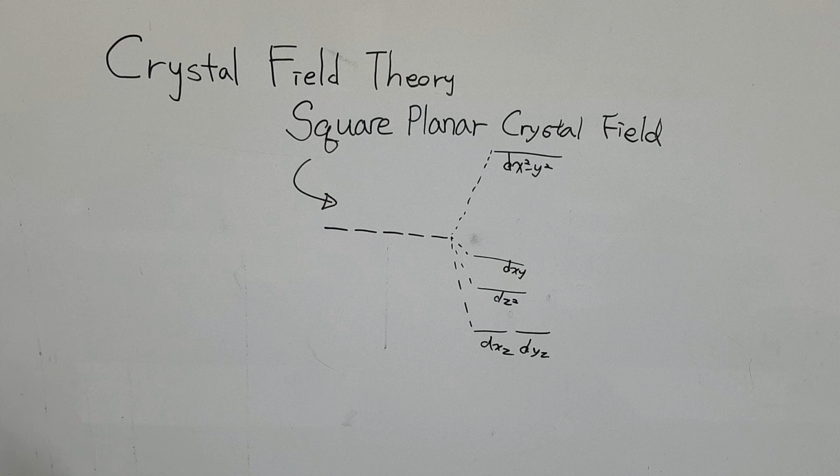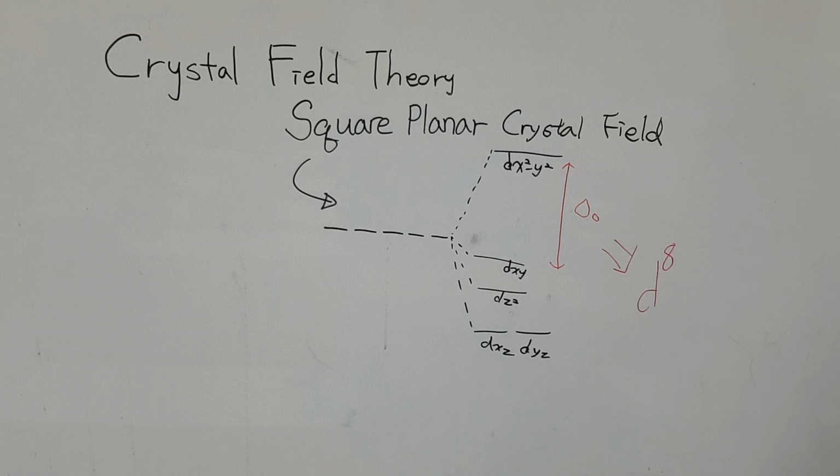One key point of this particular crystal field is that the energy gap between the first 2 levels is the same as the one in the octahedral crystal field. By this phenomenon, not only square planar complexes but also d8 ligands tend to have a square planar crystal field rather than octahedral or tetrahedral due to high stability.